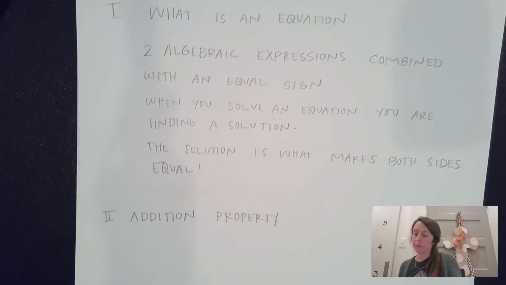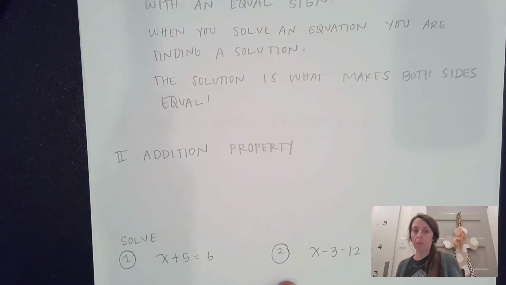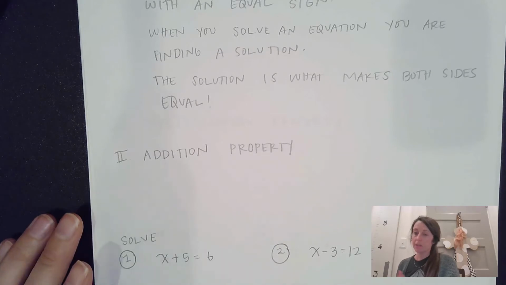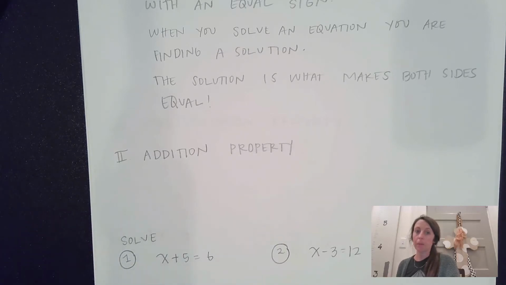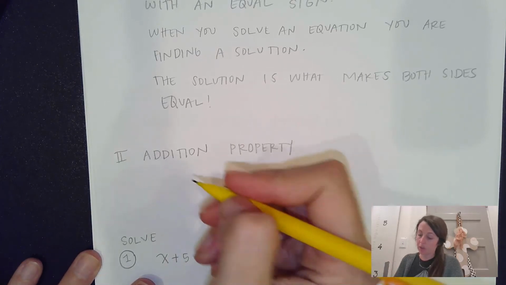Alright, so the addition property to solve an equation. The addition property is the property that helps you combine your like terms on opposite sides of the equation.